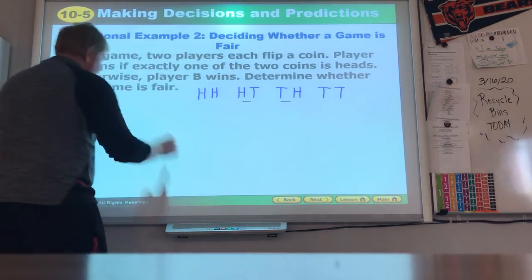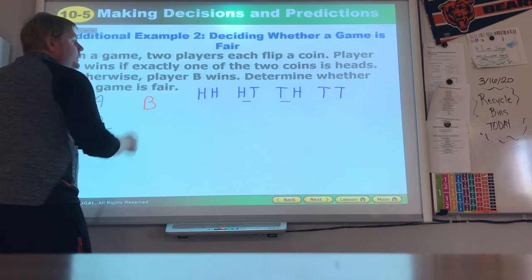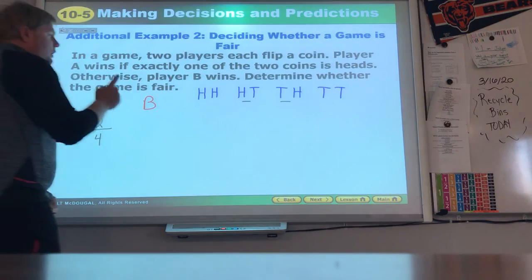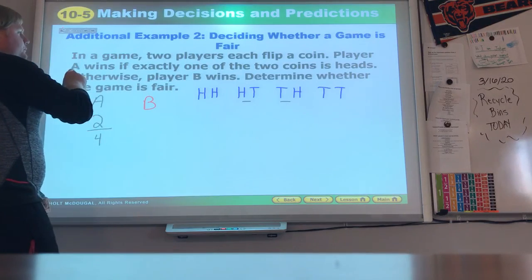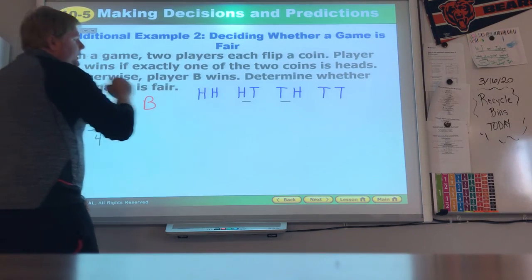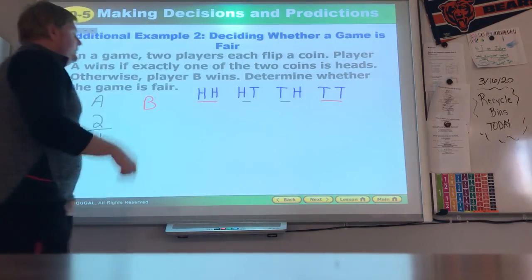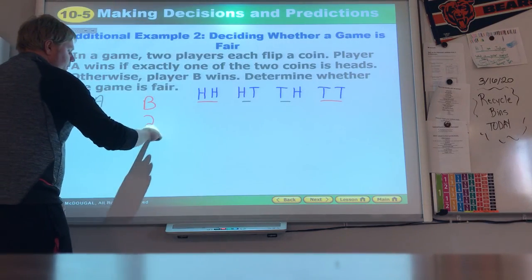Now for player B, wins if otherwise. So if there aren't exactly 1 head and 1 tail. So, not 1 head, not 1 head. So 2 out of 4.